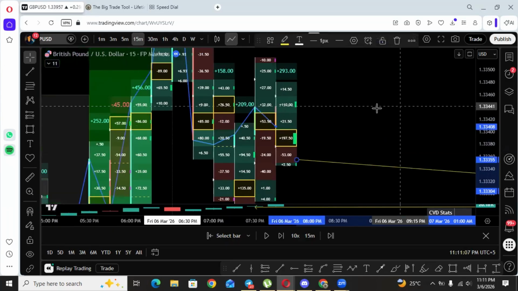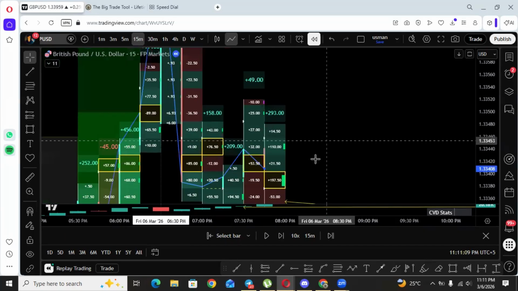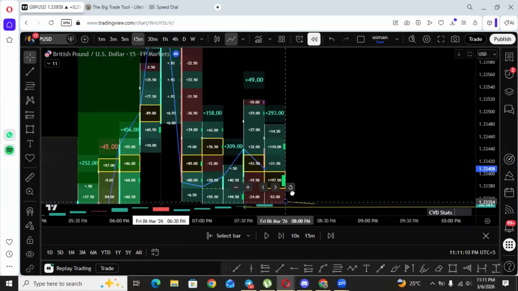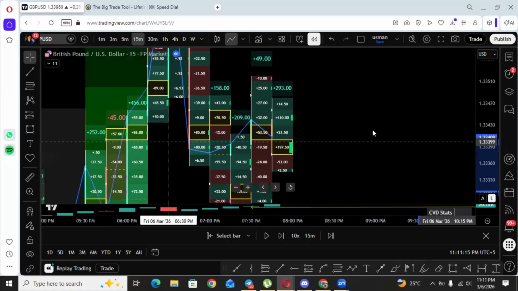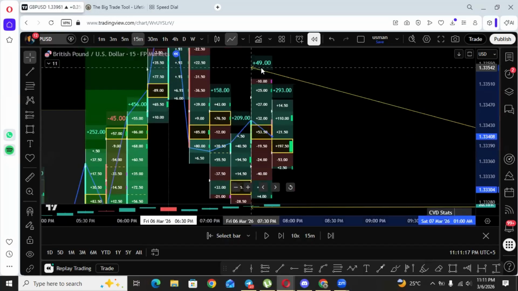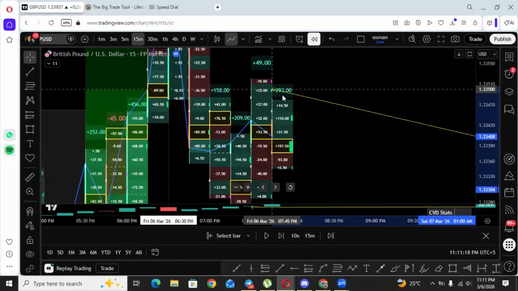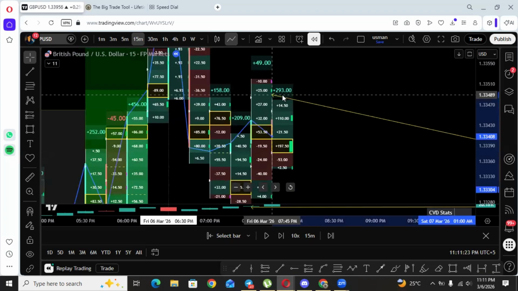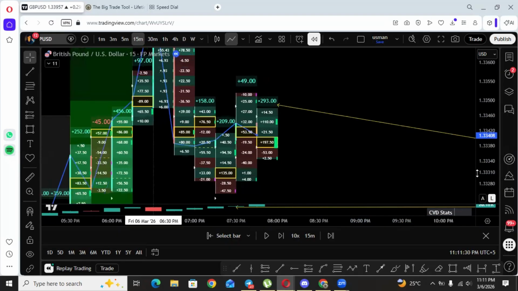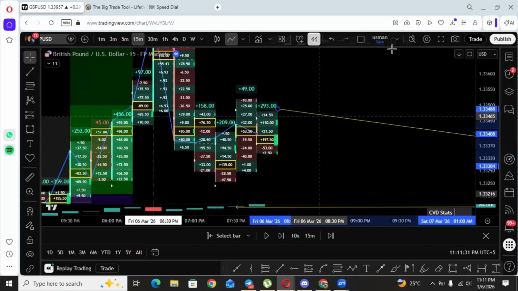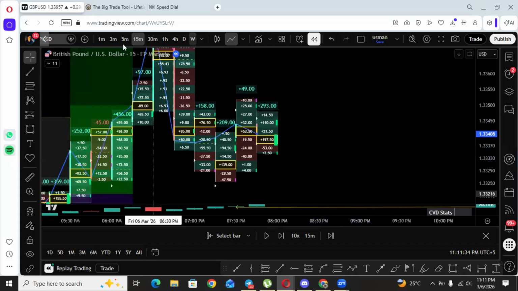So if you look at that delta, the delta of the previous candle was plus 49, but the delta of this candle was positive 93. So this shows strong activity of buyers at this point. This can give you a very clear signal to enter into the trade.